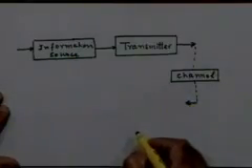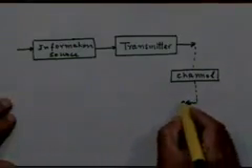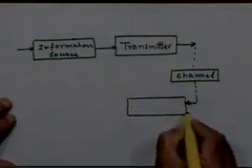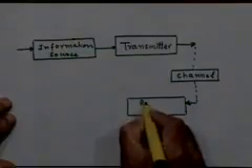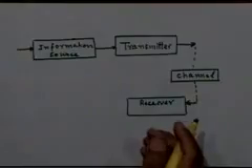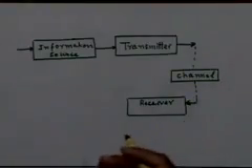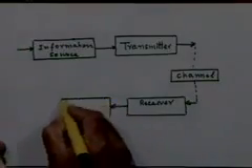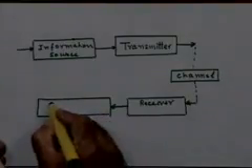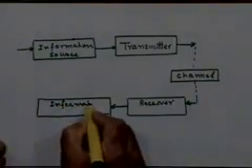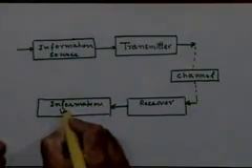At the other end, at the receiver end, at the moment I will not go into details. We will simply say that you have a receiver whose job it is to ensure that the information is given to the information user in a nice form, so that he can interpret it properly or he can use it for whatever purpose he wants to use it.